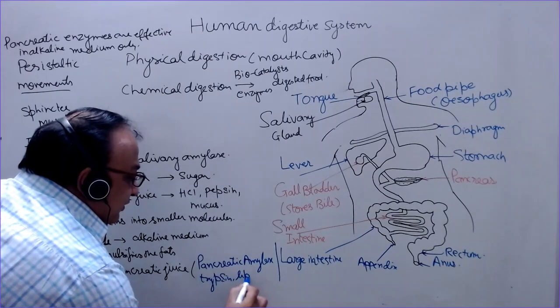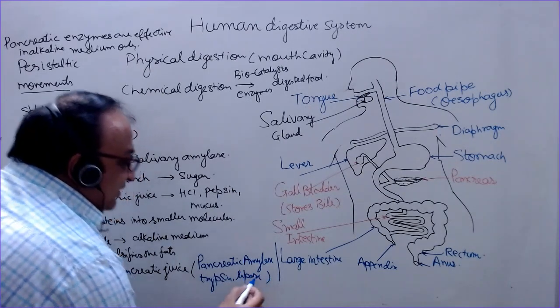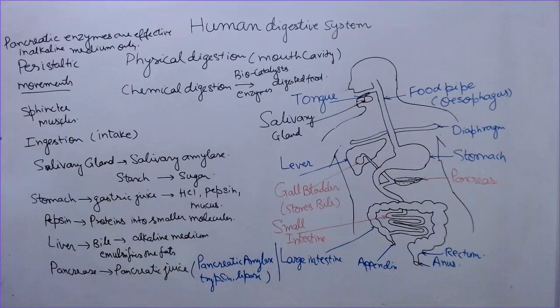One was salivary amylase, here it is pancreatic amylase, trypsin and lipase. These three are present in the pancreatic juice.